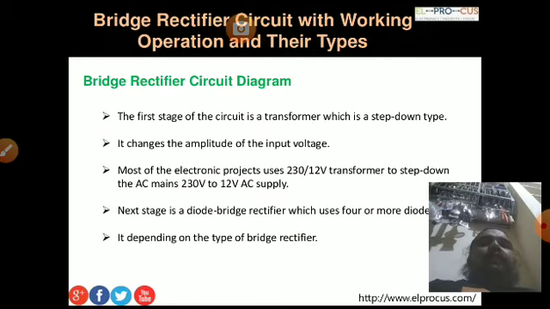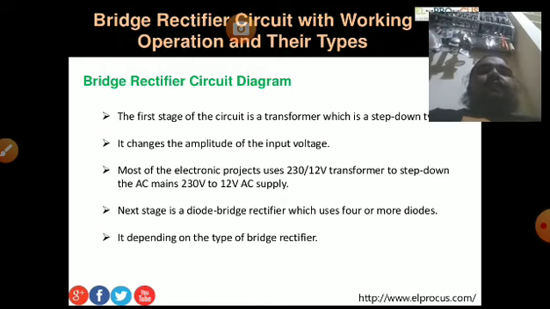The first stage of the circuit is the transformer, which is a step down type. It changes the amplitude of the input voltage.